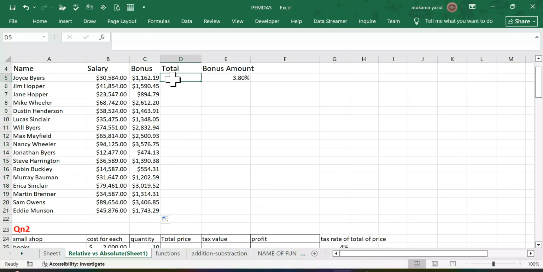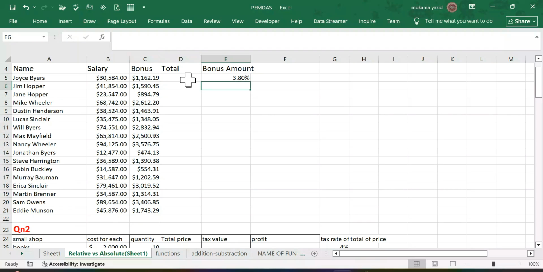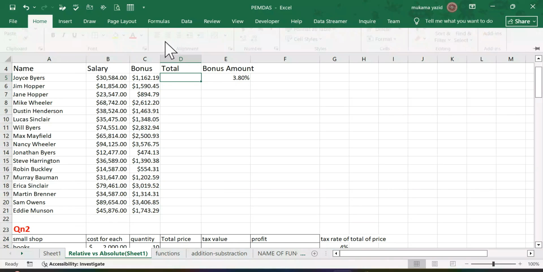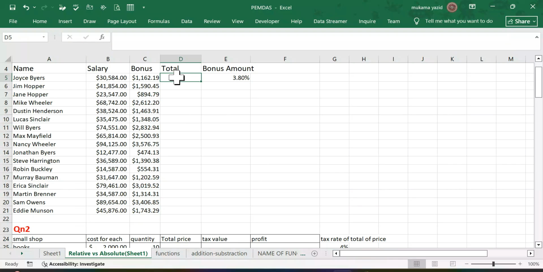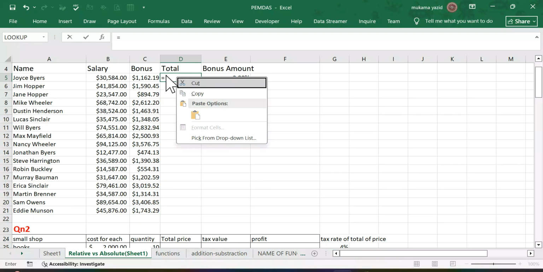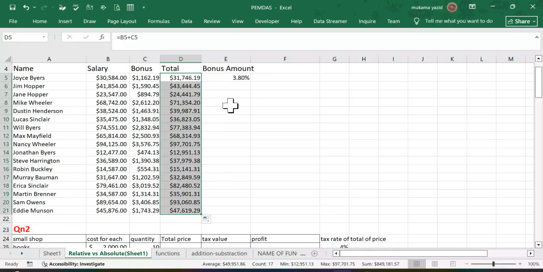Then the total is very simple: bonus plus salary. The formula equals this one plus this one, bonus plus salary. So we use the autofill handle to get the rest of the answers.